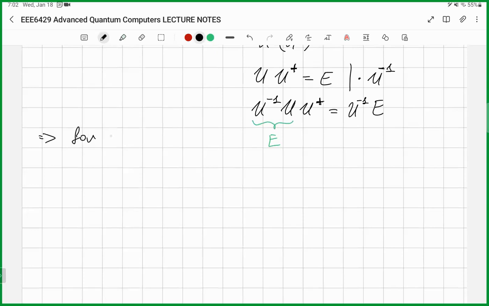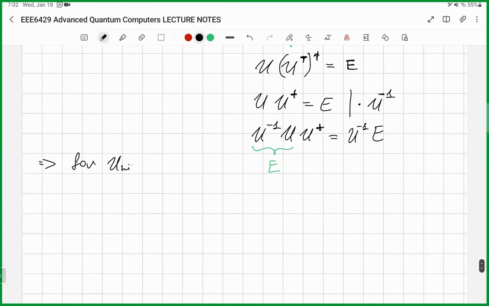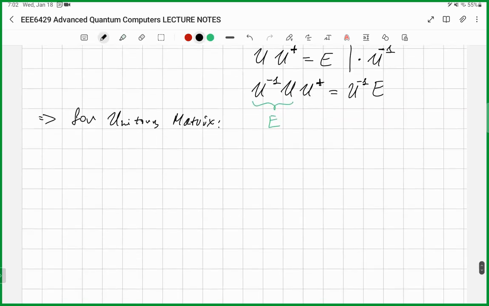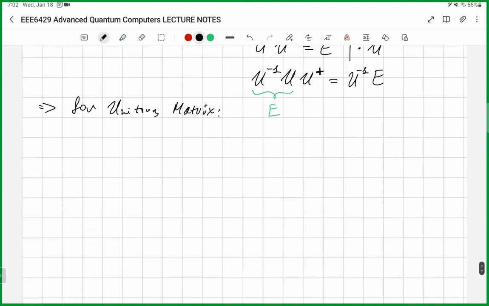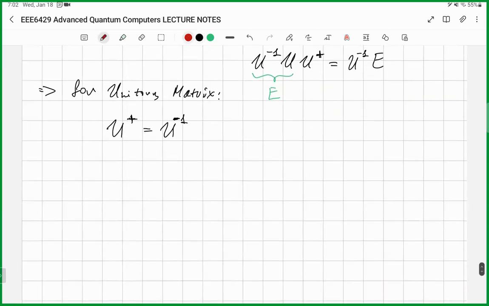And from here I conclude that for unitary matrices this is true: the Hermitian conjugated matrix coincides with its inverse matrix, and this is very, very important.